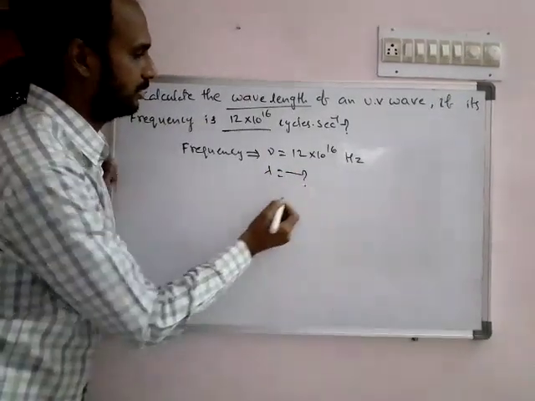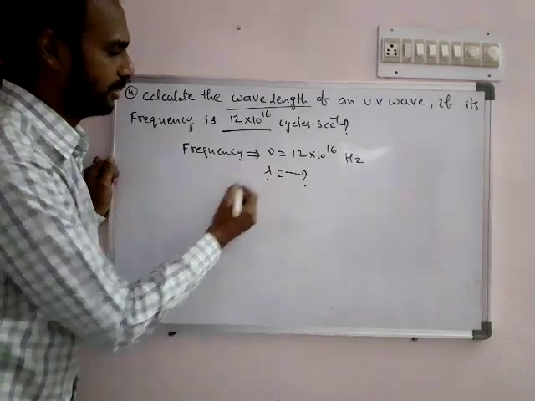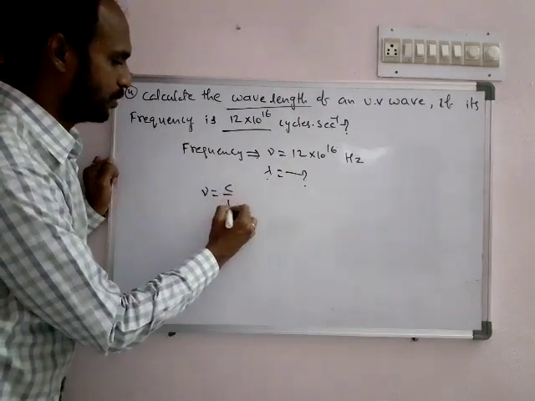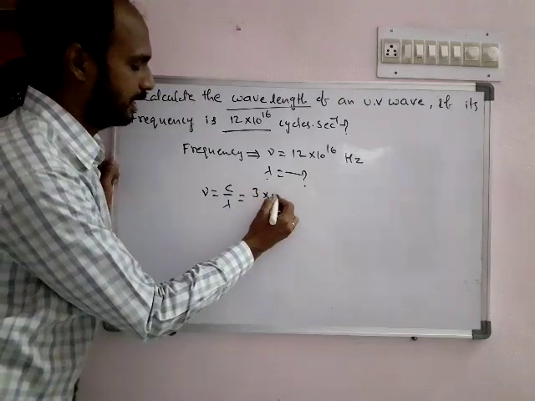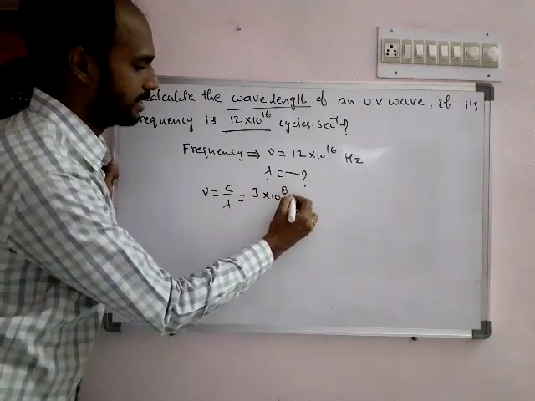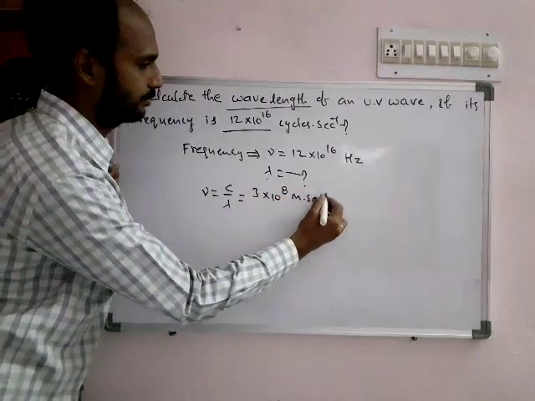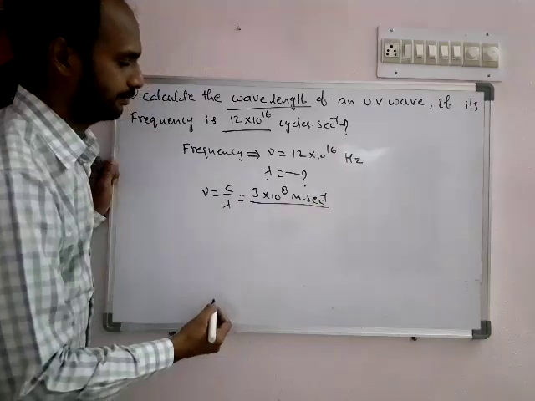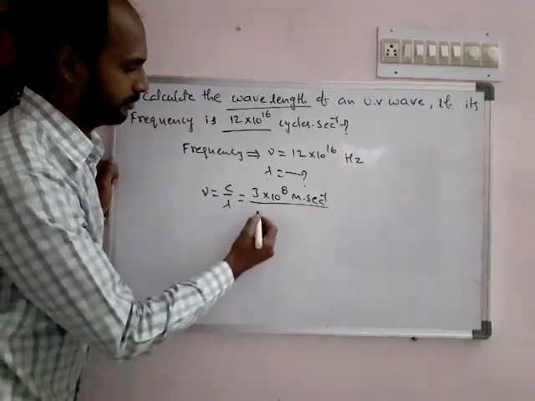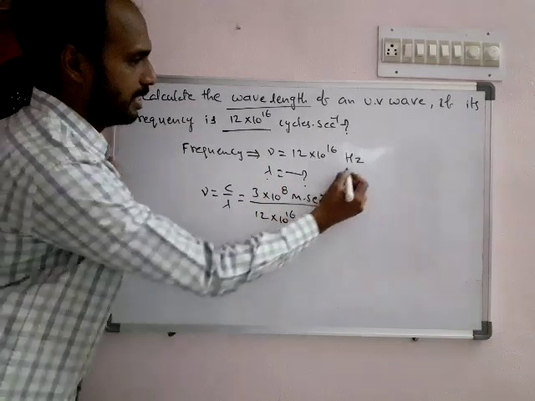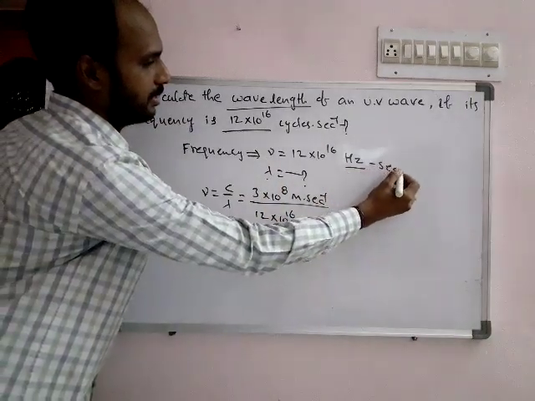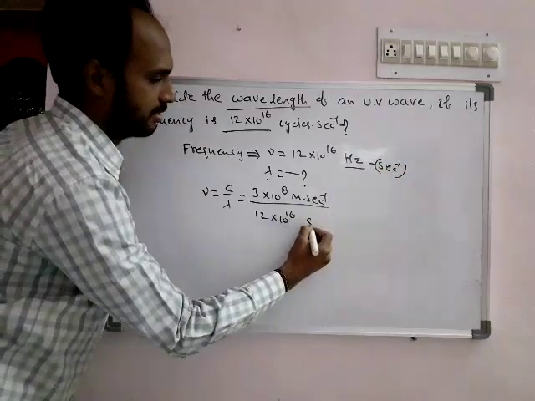Find the wavelength. And we know the relation: nu is equal to c by lambda. Here c we take as 3 into 10 power 8 meters per second, and nu is 12 into 10 power 16 hertz, or we can write second inverse.